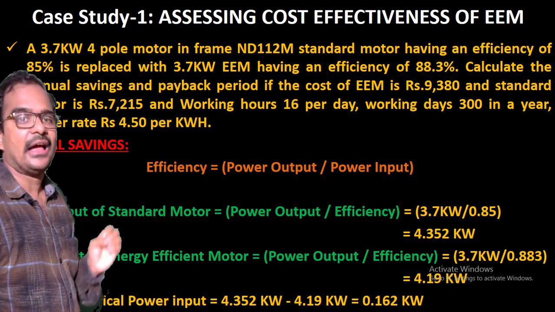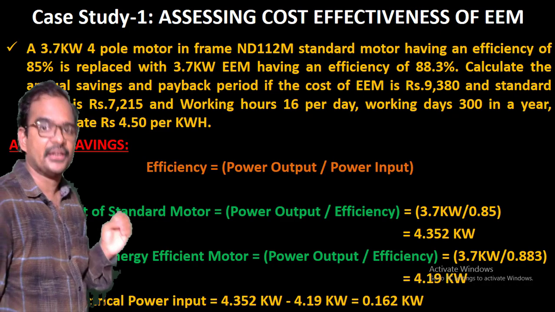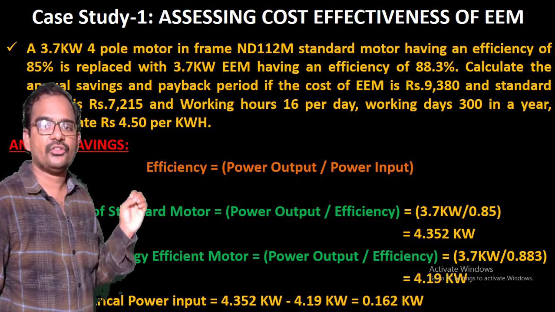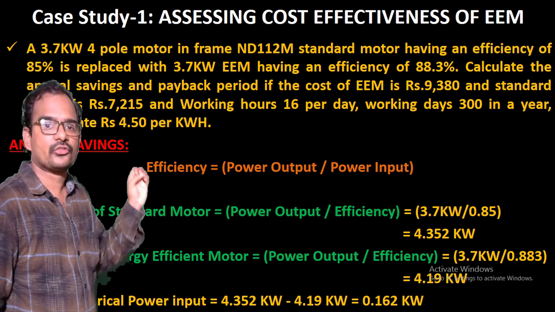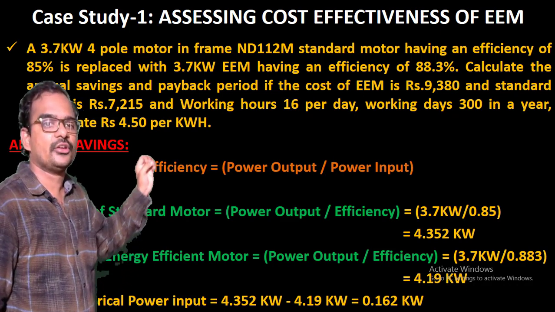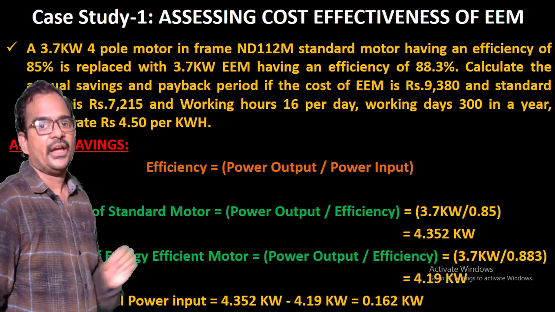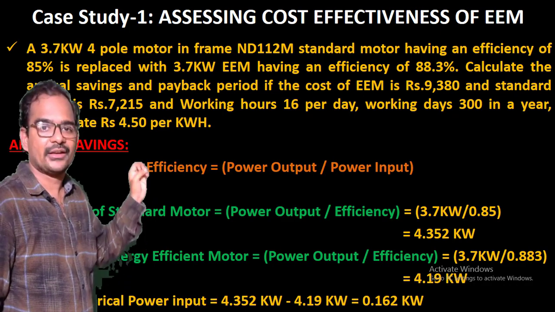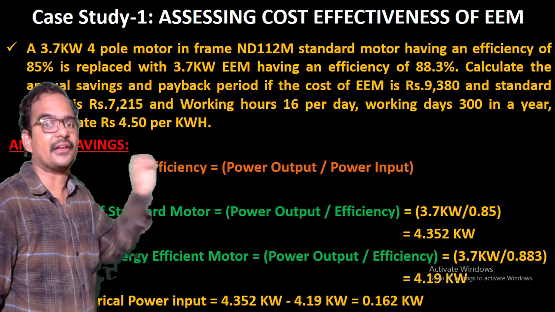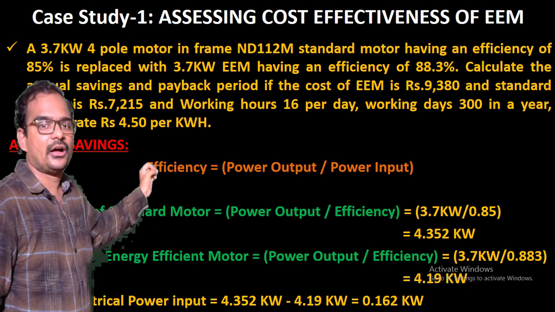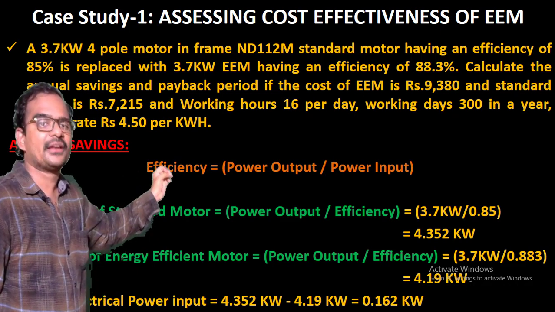So calculate the annual savings and payback period if the cost of the energy efficient motor is 9,380 rupees and the cost of the standard motor is 7,215 rupees. And working hours of this motor is 16 hours per day, the number of working days in a year is 300, and the electricity charges are 4.5 rupees per kilowatt hour.